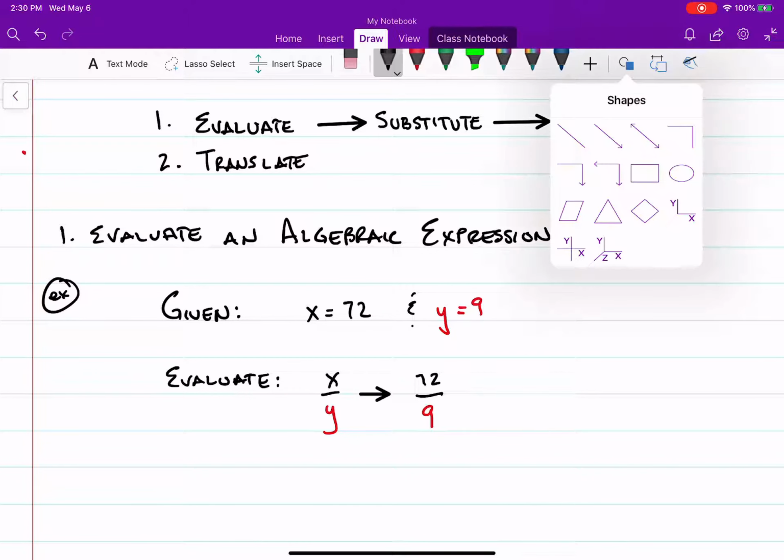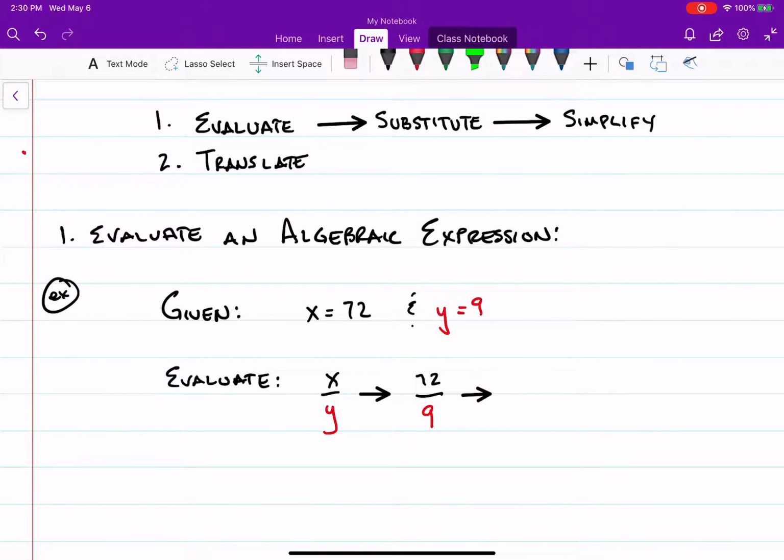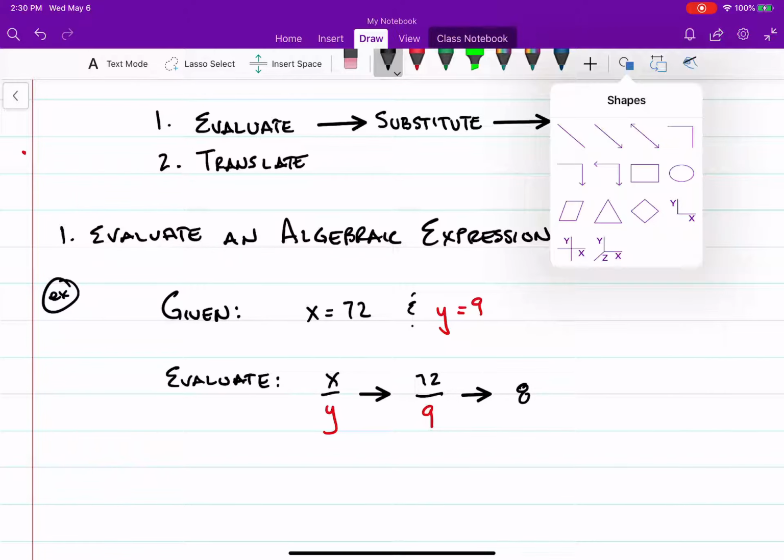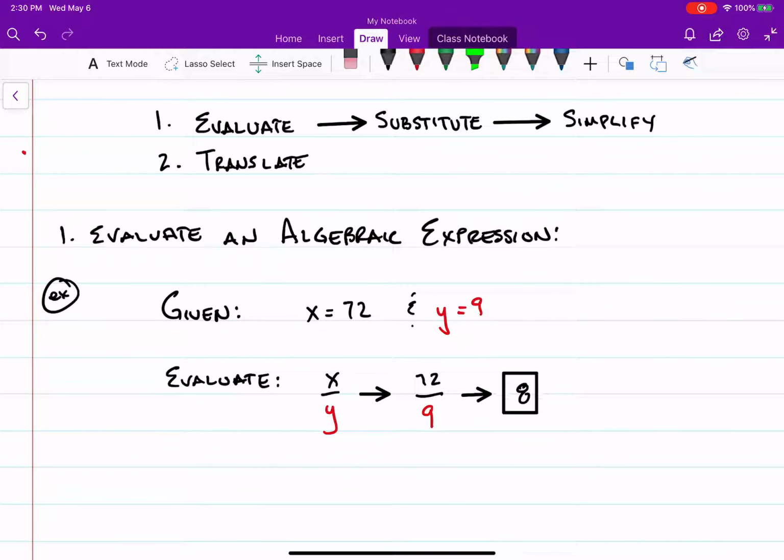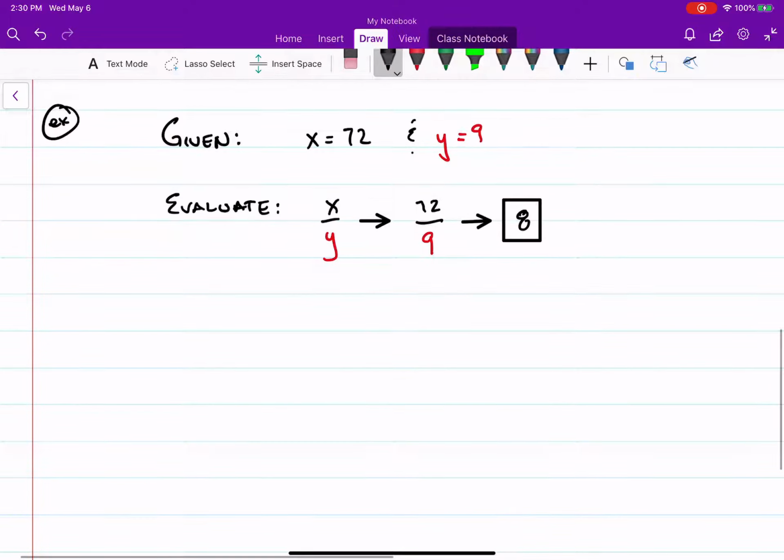Okay, so then that is going to be equal to just 8. And once I evaluate, that would be my answer. All right. Another example.